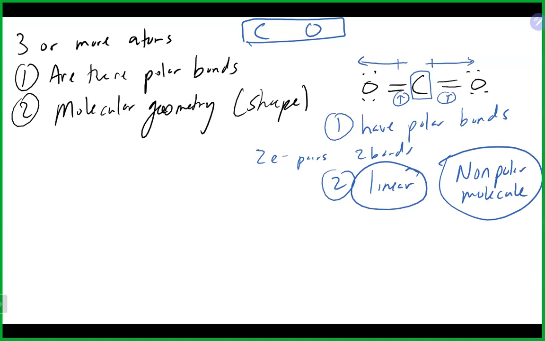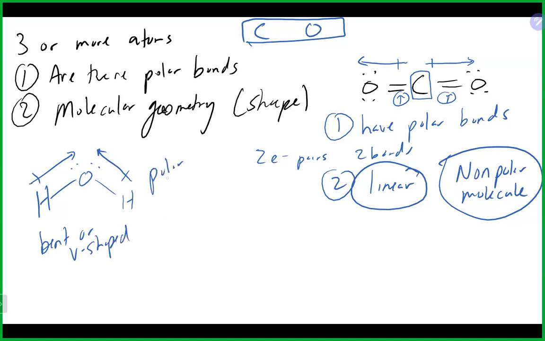Now, if you take something like water, the bond between oxygen and hydrogen is polar, heading towards the oxygen. The geometry of water, as we just saw, is bent or V-shaped, right? So it does have polar bonds, and it is bent or V-shaped in this case.